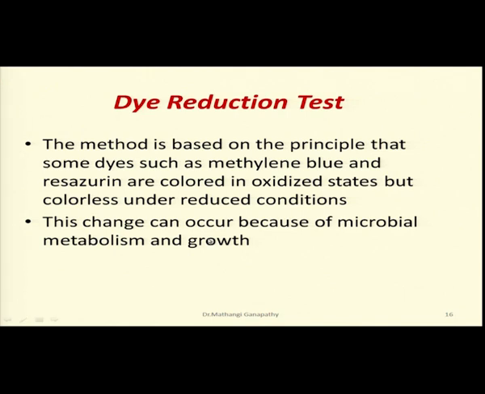So, here we are going to use the oxidation reduction potential, whether the dye is occurring in an oxidized state or whether it gets reduced because of the growth of microbes. That would be reflected as a color change, which indicates yes, microbes are present, or no, microbes are not present.